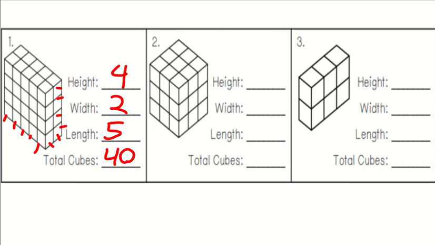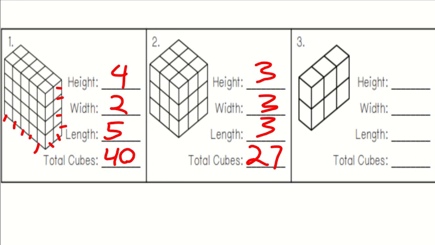For 2 and 3, just give me the total cubes. Gray, what you got for 2? 27 is correct. Number 2, it's a little misshapen up here, but it's a cube of cubes. So all the sides are the same. Number 3, Alexandra. 6 is correct.